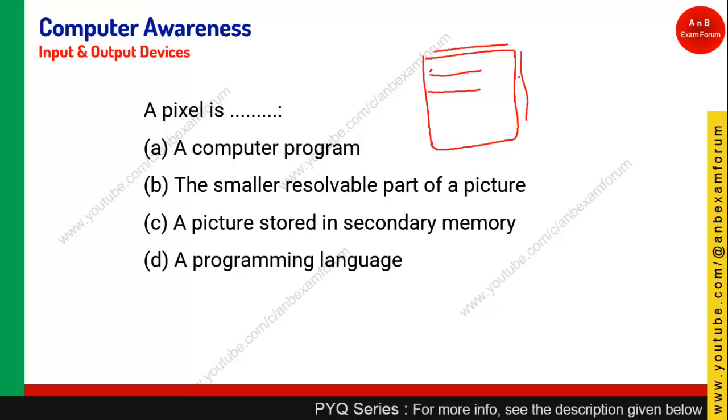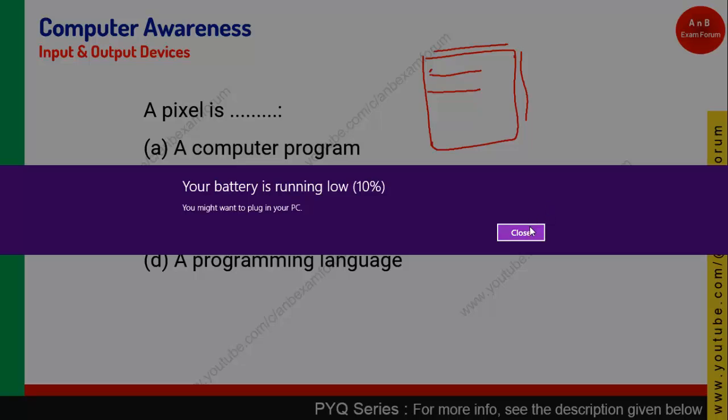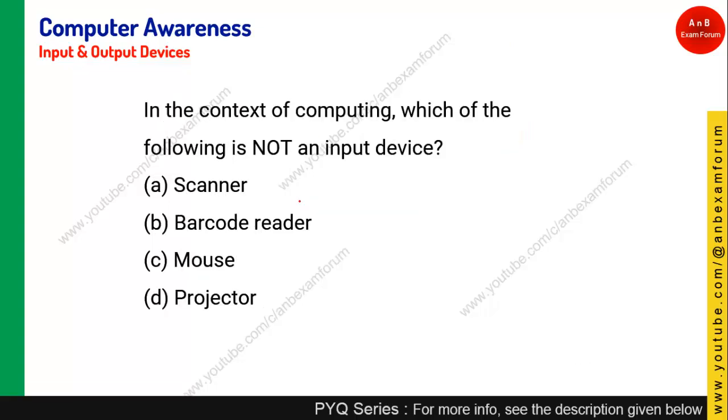We have seen height and breadth in dots per inch, how many bits are there. So pixel is basically a small resolvable part of a picture. If you zoom in very minutely, you will have a lot of boxes. Those boxes are nothing but small parts of the picture. So option B is the right answer.